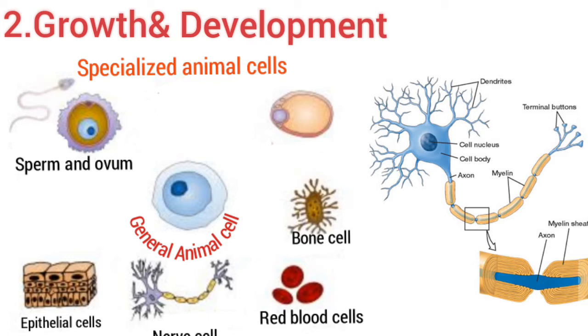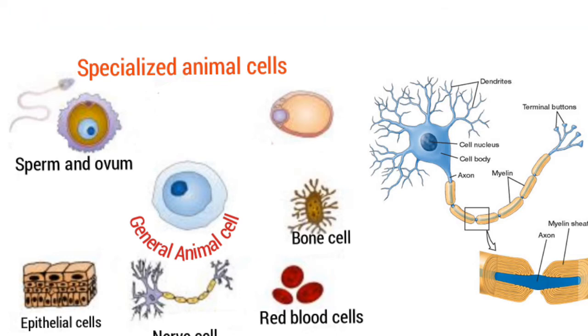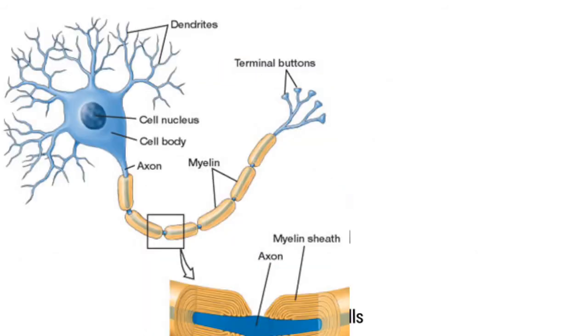So the shape, the form, and its complexity has been enhanced, such that it has some branch-like structures that are known as dendrites, axon, myelin sheath, among other structural changes, for it to be able to carry out a specialized function of transmitting nerve impulses.